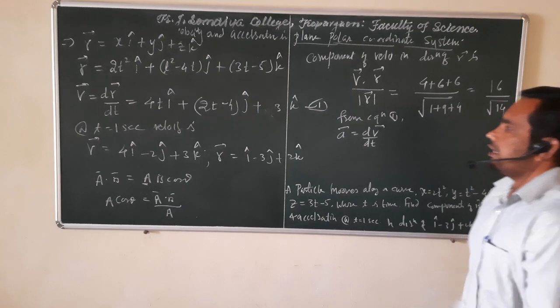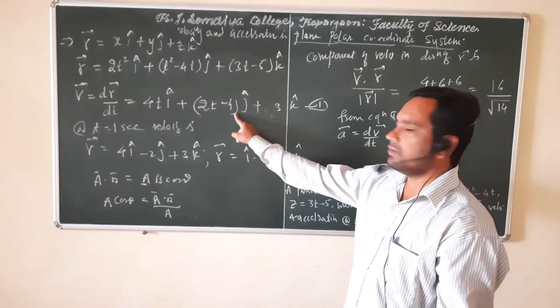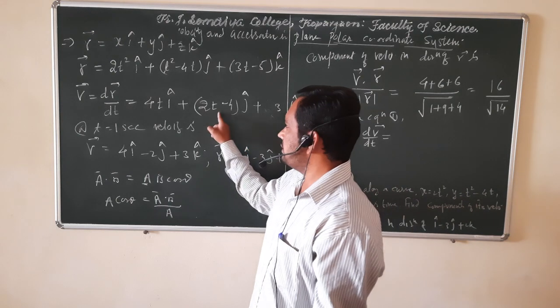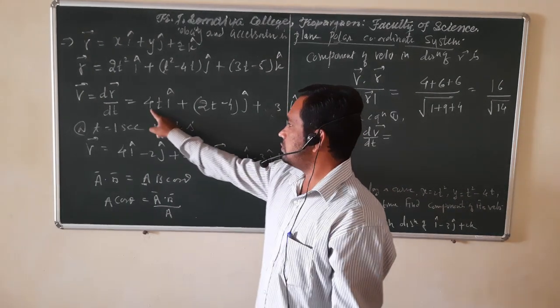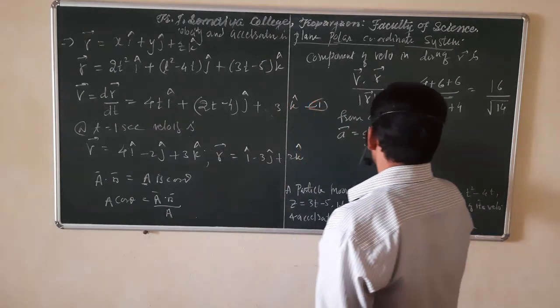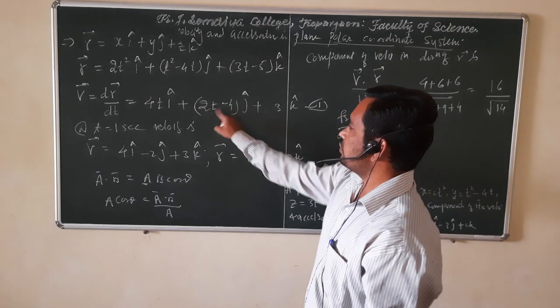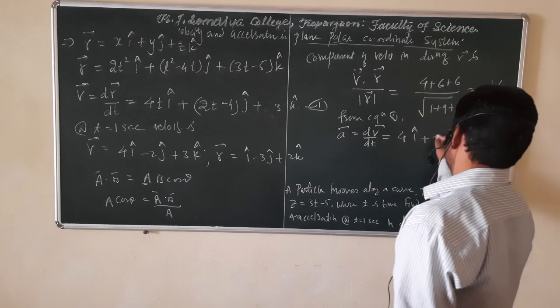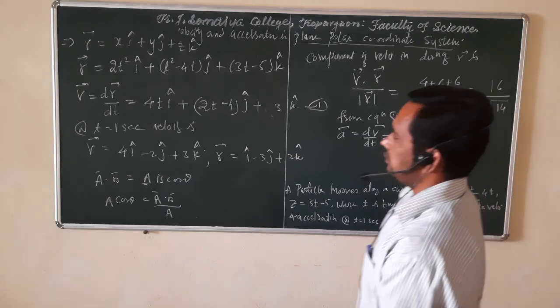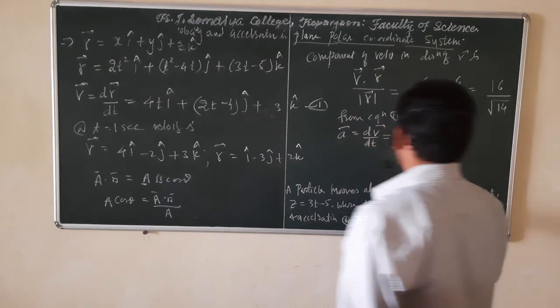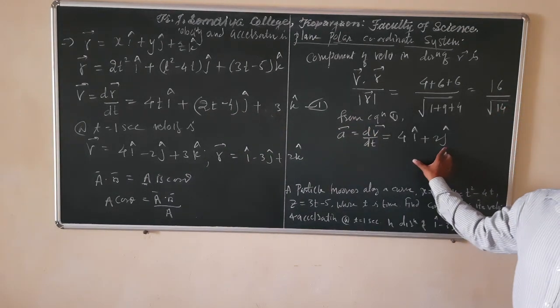We know that velocity is given by this equation, so if you take the derivative of this with respect to t, the derivative of 4t is 4 into i cap, and the derivative of this term is 2 into j cap. So 4 into i cap plus 2 into j cap is the acceleration.